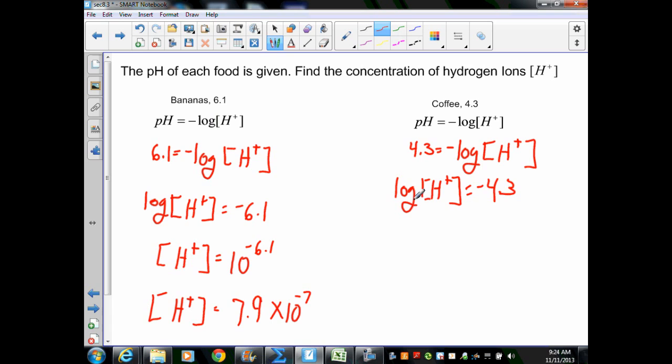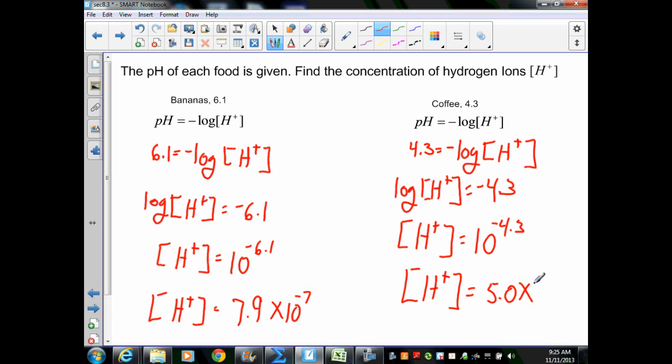Write in exponential form. This is a common log, so I know the base is 10, so H+ equals 10 to the negative 4.3. Plug that into a calculator, and I get the concentration of hydrogen ions to be 5.0 times 10 to the negative 5.